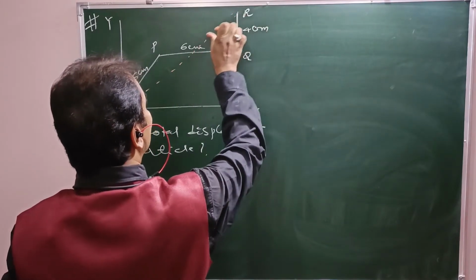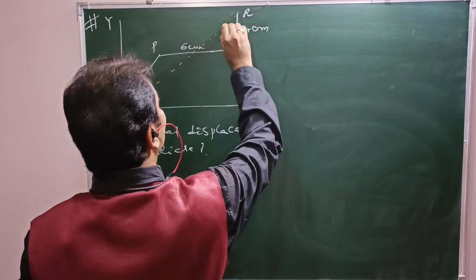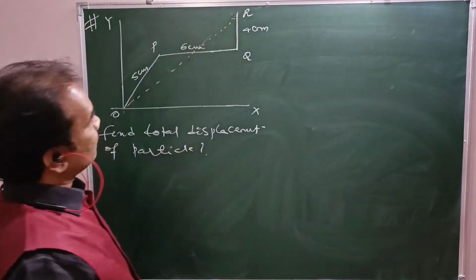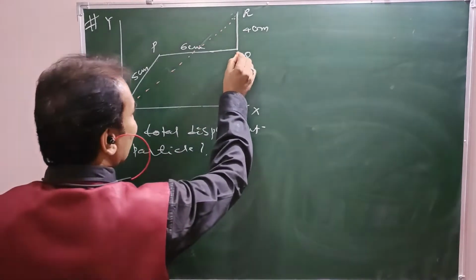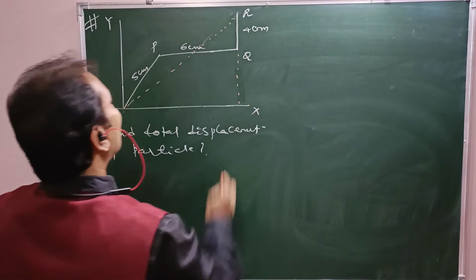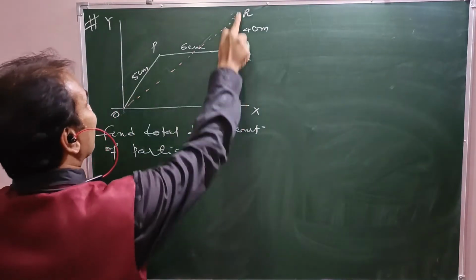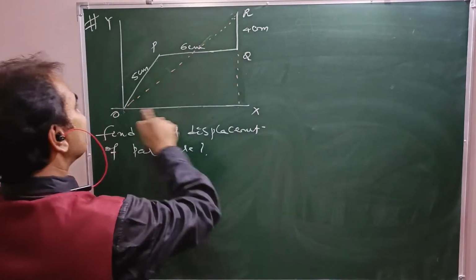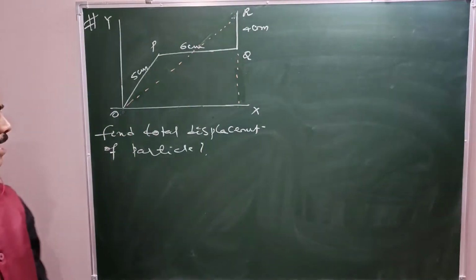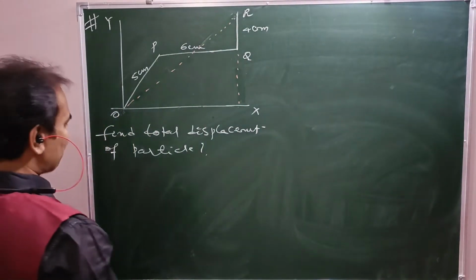This is the displacement, in fact, from O to R. If I close this side also, we have one right angle triangle. In this right angle triangle, the hypotenuse is the displacement.